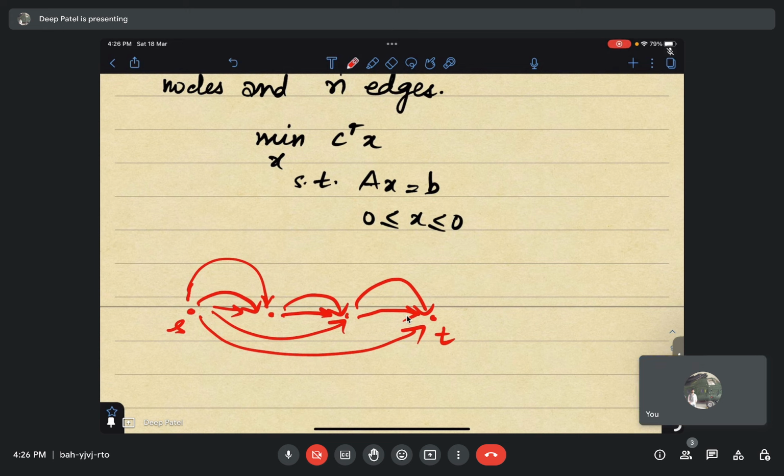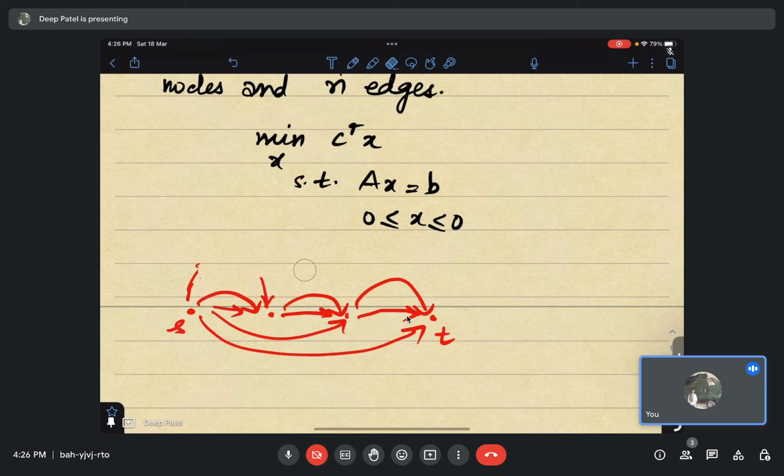In the flow problem, the instructor gave us an example wherein he mentioned a bidirectional edge. That's why I was asking. This is a shortest path problem. Capacity is infinite, but we are going from source to target; that is the objective. Got it.